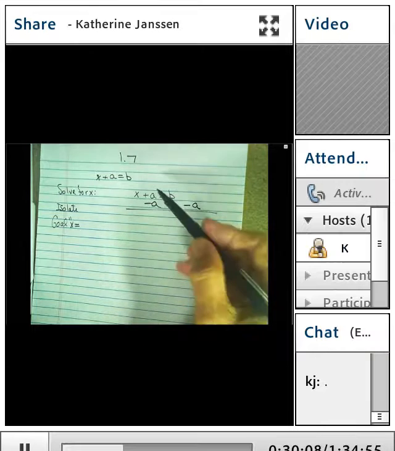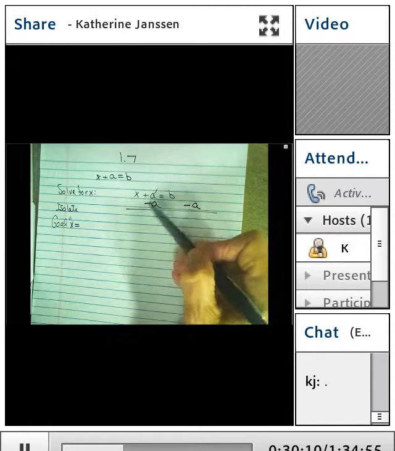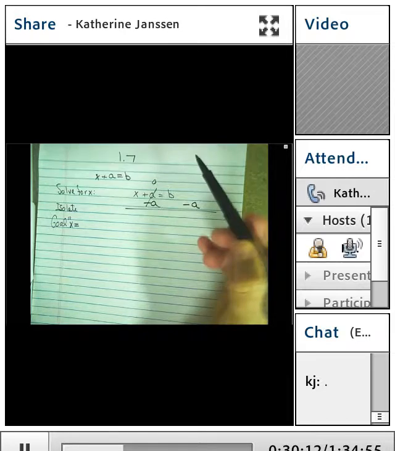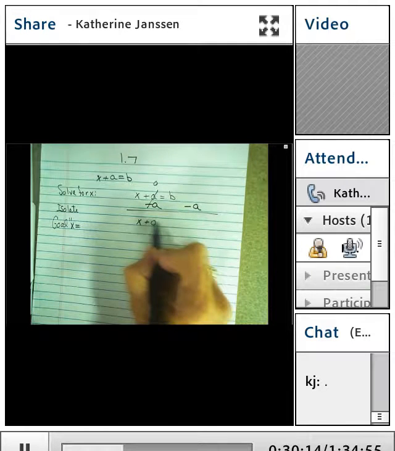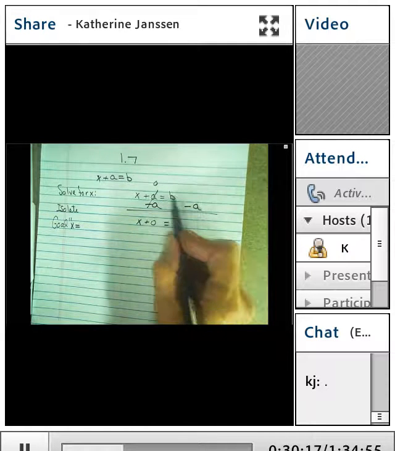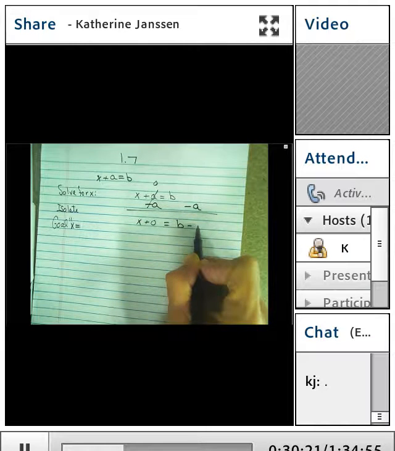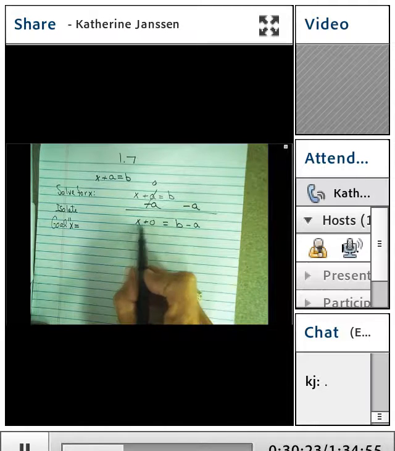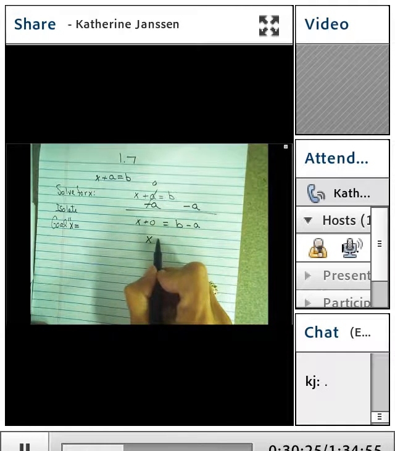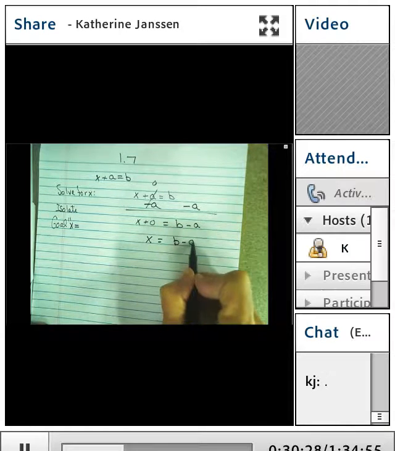If I subtract a from a, I'm going to get 0. And x plus 0 equals, and now I'm just going to type up this equation. I have b subtract a. Well, x plus 0 is x itself equals b minus a.